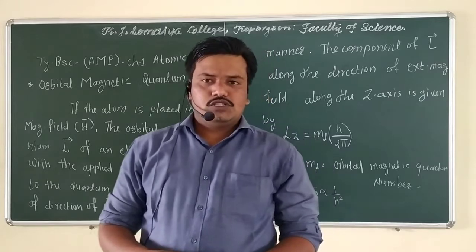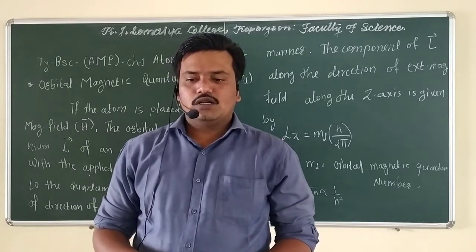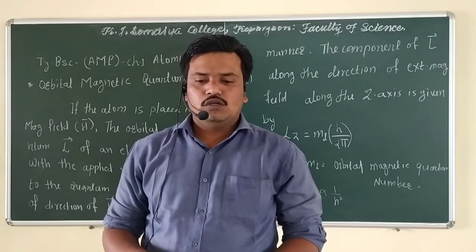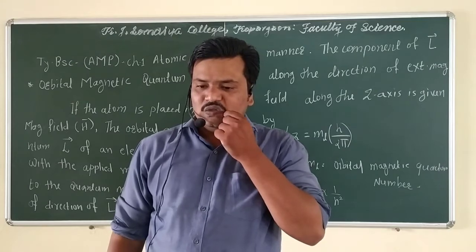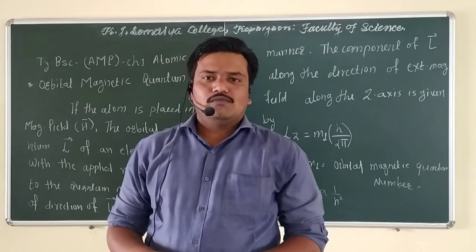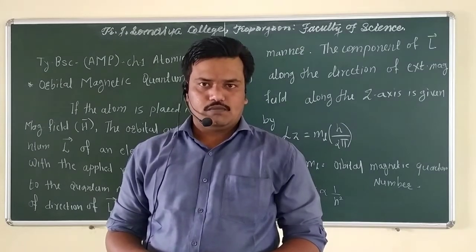After that we considered the orbital quantum number, small l. That quantum number arises due to the orbital motion of an electron. In classical mechanics it is given by L bar equals m into v cross r bar.